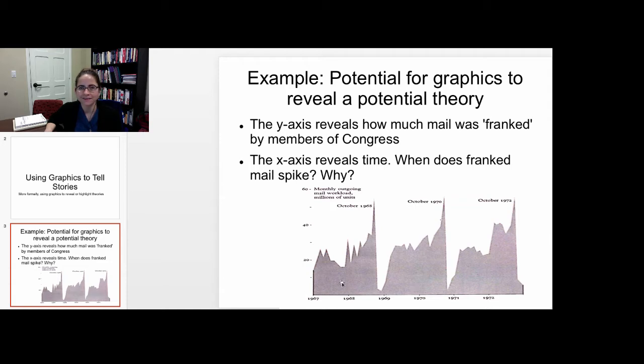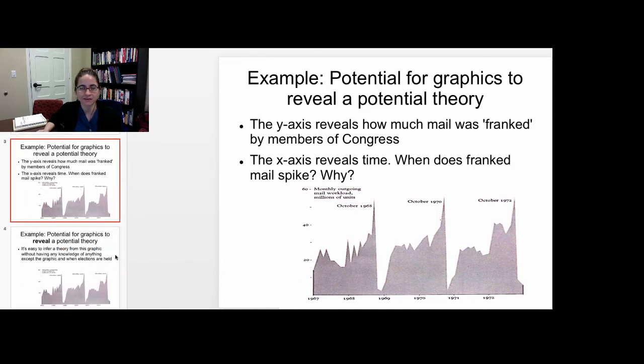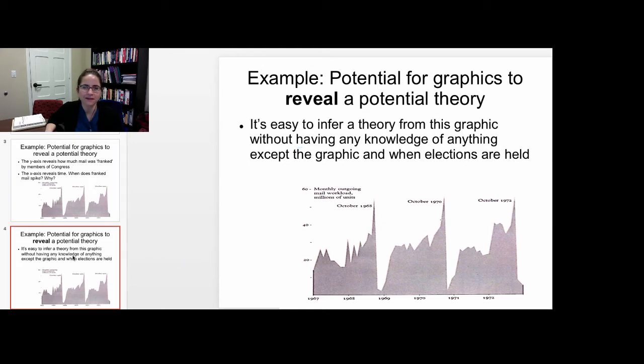And it becomes fairly obvious from this graphic that, in fact, the members of Congress are spending more of the federal government's money. This is not a giant portion of the federal budget, but they're using this franking to presumably help themselves get reelected. So from this graphic, it's easy to infer a theory without having any knowledge of anything except the graphic and when elections are held.